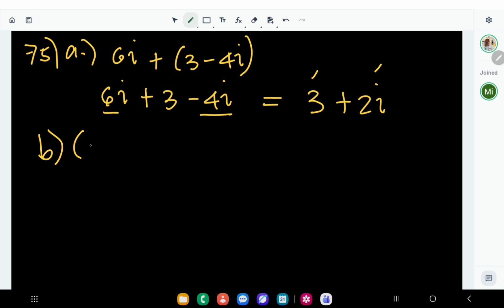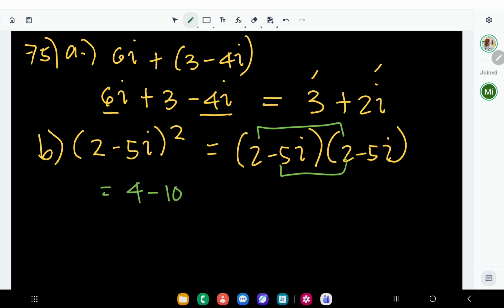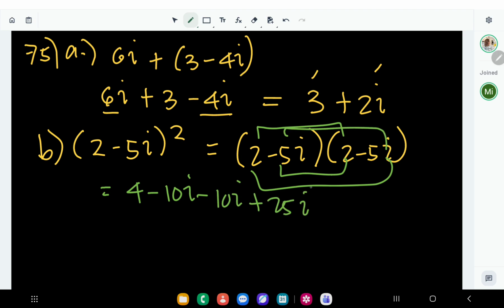Then letter B, 2 minus 5i squared is just 2 minus 5i times 2 minus 5i. Then you FOIL that. That is 4 minus 10i, then minus 10i, then plus 25i squared.